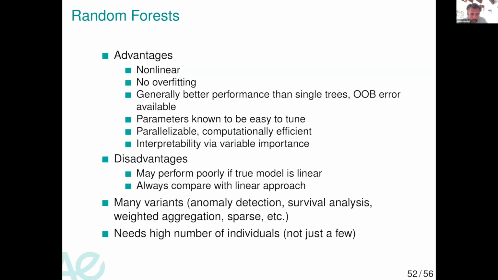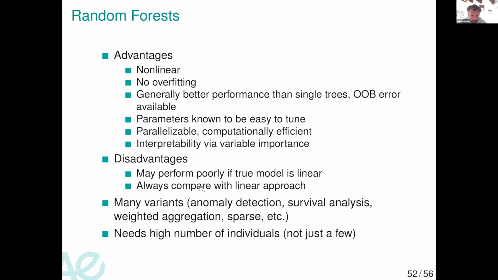There are some disadvantages. For example, as I said, it could perform poorly if the true model is linear. So combining random forest with a linear model, I think it's always a good approach.